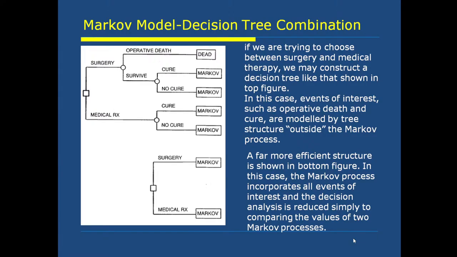A far more efficient structure is shown in bottom figure. In this case, the Markov process incorporates all events of interest, and the decision analysis is reduced simply to comparing the values of two Markov processes.